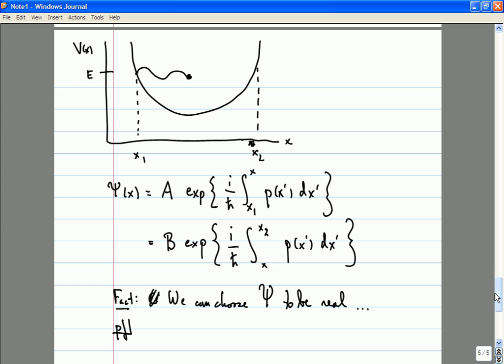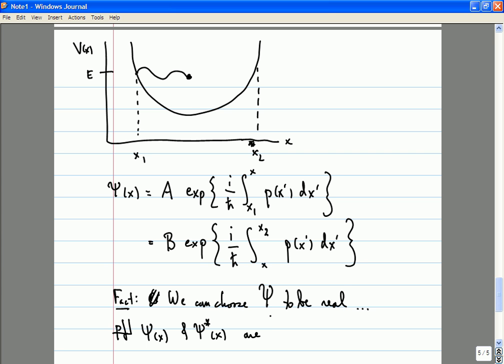Why is that true? Well, here's a one-line proof of that fact. Psi of x is an energy eigenstate with a given value of E. E is real, and the Hamiltonian is a Hermitian operator. So if psi of x is an energy eigenstate with a given value of energy, then so is psi star. And it has to have the same value of the energy.